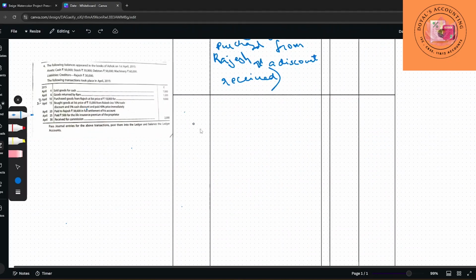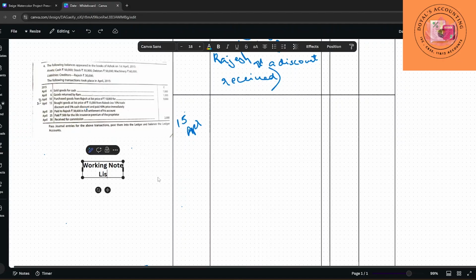Now the next entry. On 15th April, we have bought goods at a list price of 15,000 from Rakesh, less 10% trade discount and 5% cash discount, and we have paid 40% immediately. Okay, so let's make a working note for this.